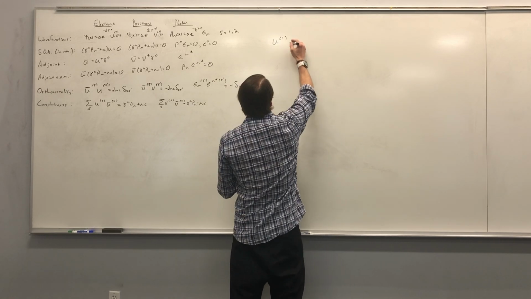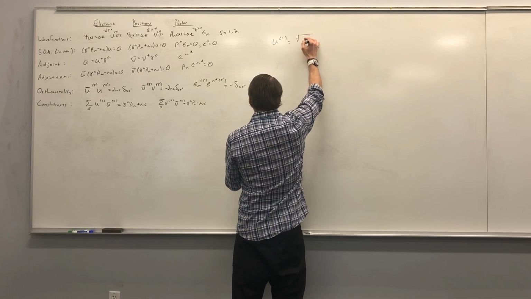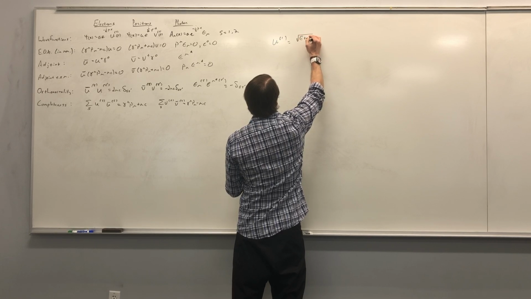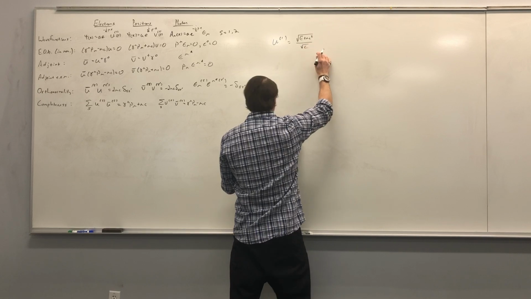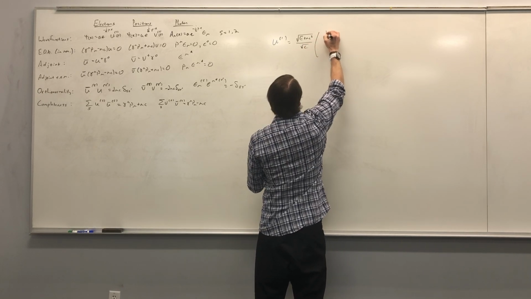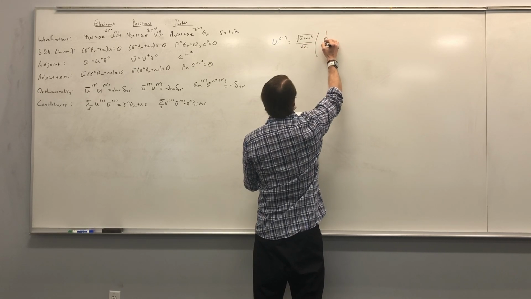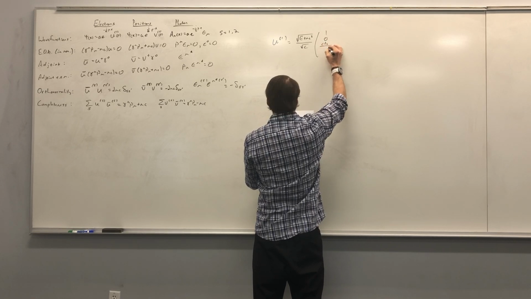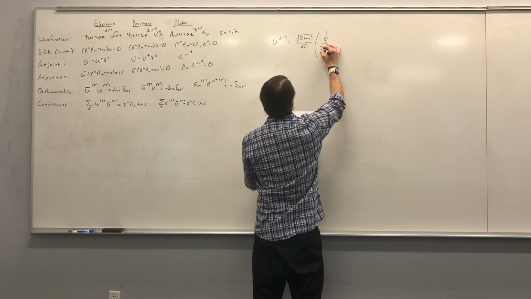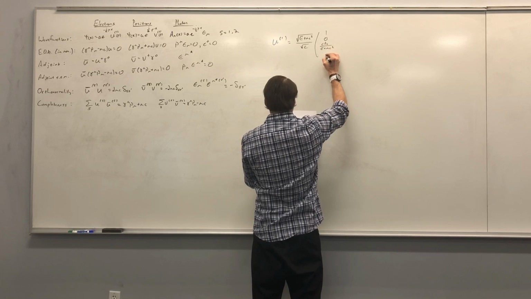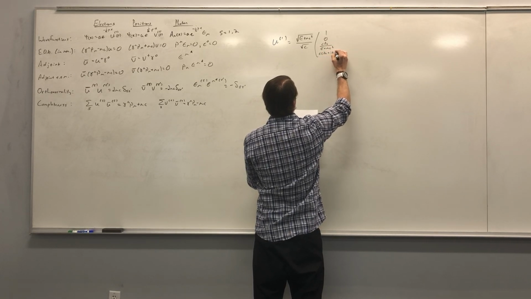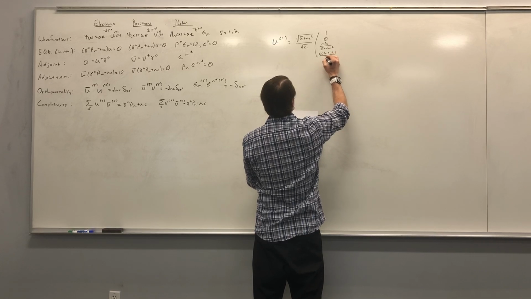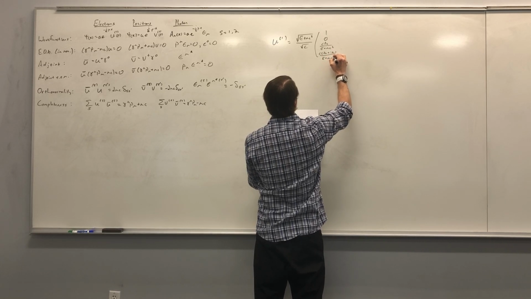So u1 is now going to be square root of (E plus mc squared) over c, times the column 1, 0, cp_z over (E plus mc squared), and (cp_x plus i p_y) over (E plus mc squared).